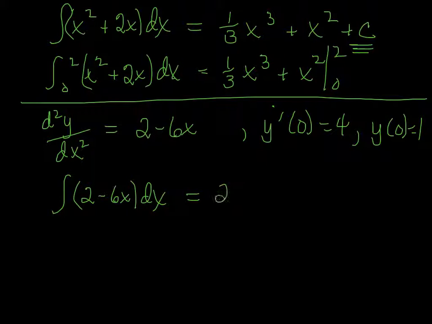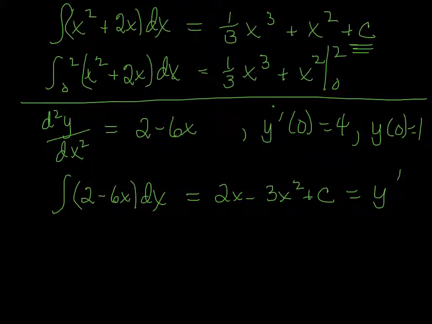So we're going to get 2x minus 3x squared plus c. Now again, plus c because we don't have bounds. Now what we've technically found is the first derivative, because remember again that we integrated the second derivative. So when we integrate the second derivative, that will give us our first derivative.